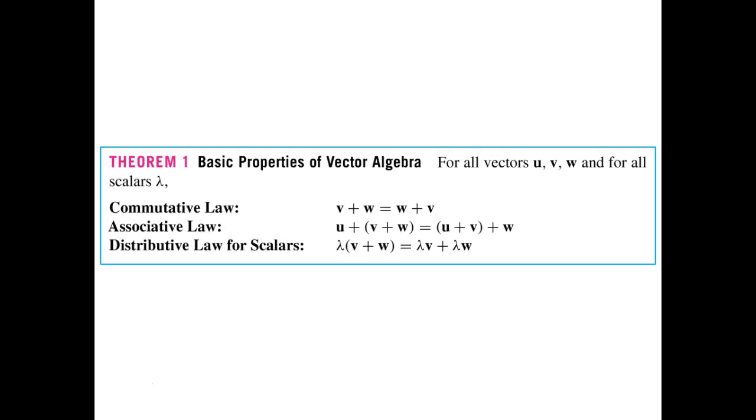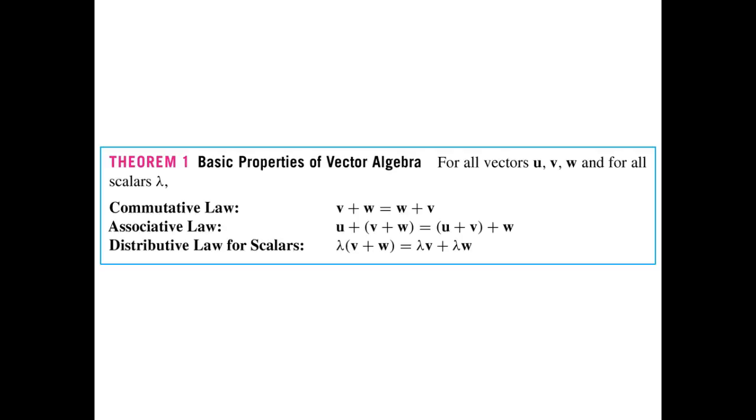You define vector subtraction in terms of vector addition, so don't make up anything new for that. And we're not messing with division yet. So for all vectors U, V, and W, now these have to be the same dimension vectors. 2-dimensional, 3-dimensional, 16-dimensional, whatever. Have to be the same. And for all scalars, lambda, any real number, we're not doing complex numbers with them.